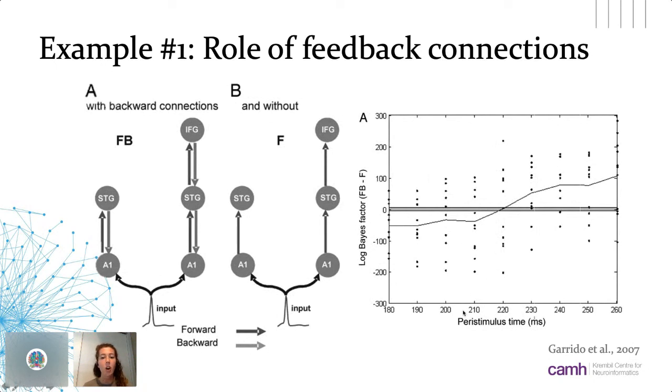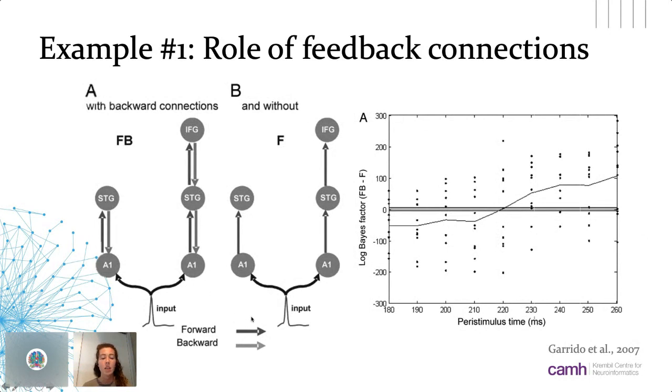The negative points are in favor of the forward model, and the positive points are in favor of the forward-backward model. What's interesting is that during this earlier component, the forward model is favored, so these forward connections are sufficient to explain the ERP generation. But in the later time component, it's the forward-backward model that's favored, and so these backward connections become more essential. This is likely around the time where the activity returning from these higher cortical areas is passed down the hierarchy.